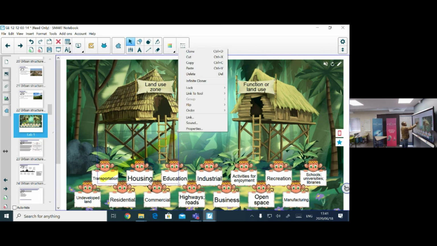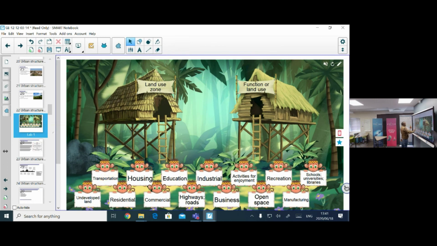Let's remove the ink here. Right, transportation, where are you? It is not a land use. Transportation. Then it has been taken. Housing is a function, it has been accepted.